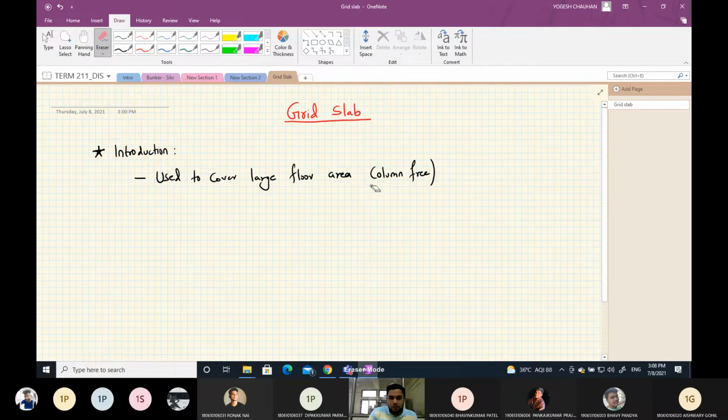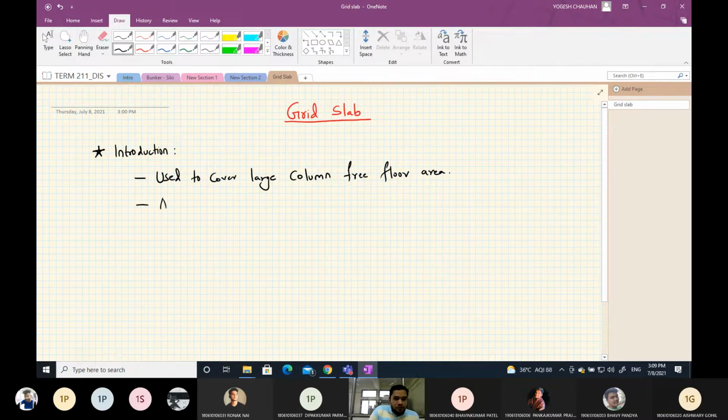Simply you can write large column free floor area.